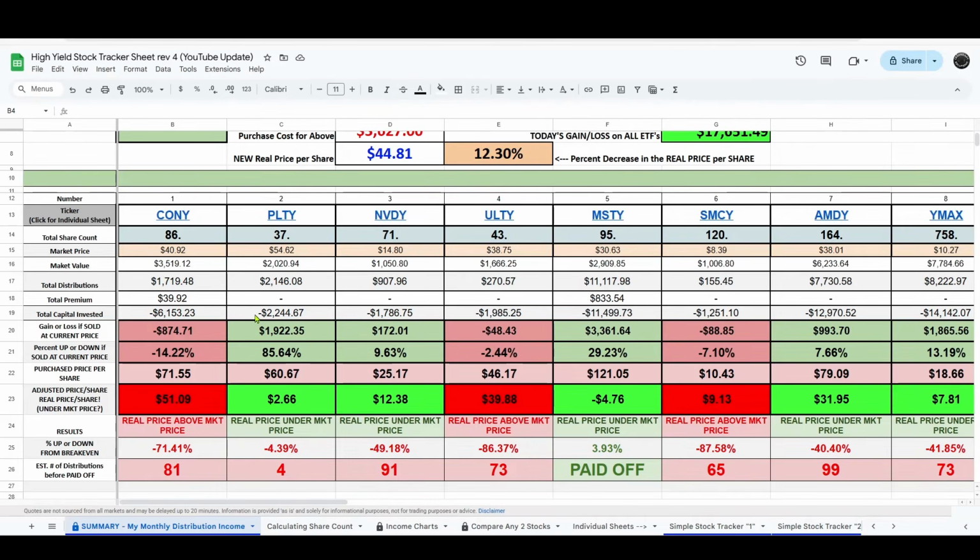But as you can see, I have still paid more than I have earned in distributions. Okay. And until that number flips to where my distributions are higher than what I have invested, then I am not making any money in those. Okay. It has to get to a point where my distributions are higher than the amount that I have invested, or else I am not making any money.